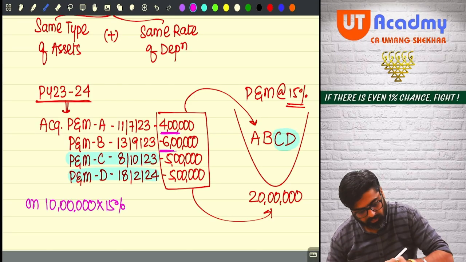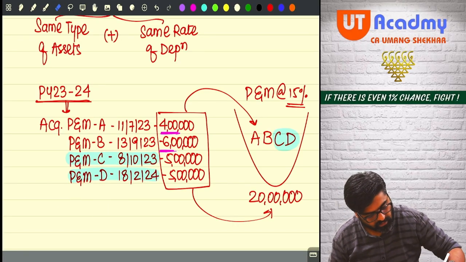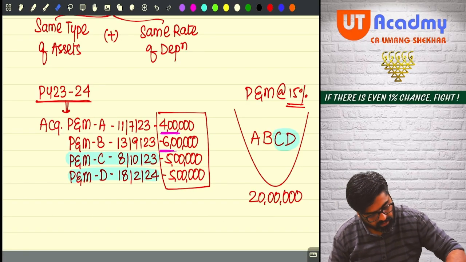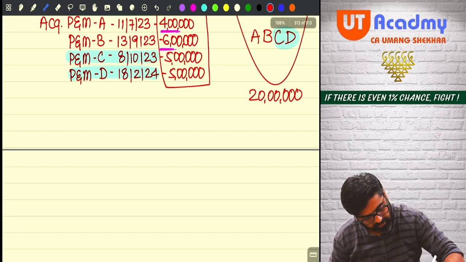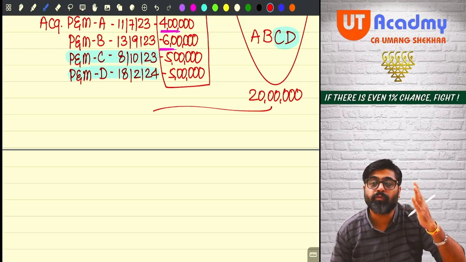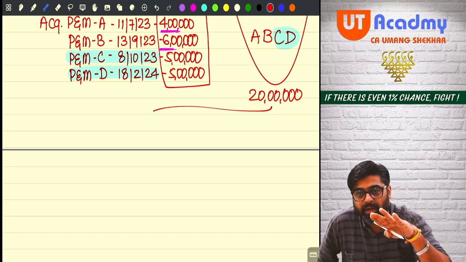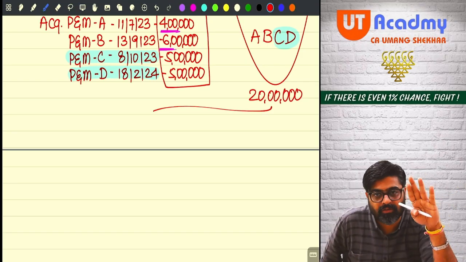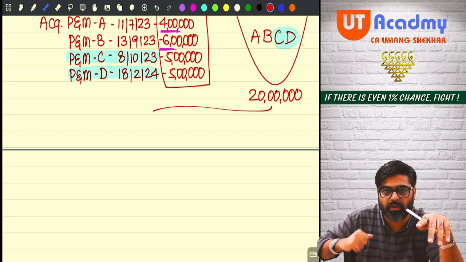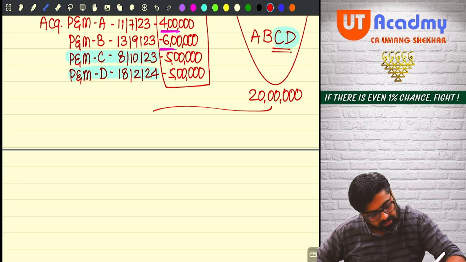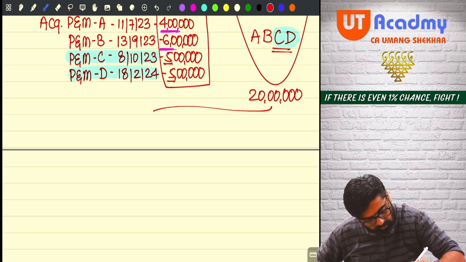So first of all, wait, don't do it here, do it here. Now out of this 20 lakhs, first of all, I will separate the value of those assets which are acquired in this year but put to use for less than 180 days. Separate that value, because on that you are supposed to apply half rate. Yes or no? So what was the value of those assets? 5 plus 5, 10 lakhs.